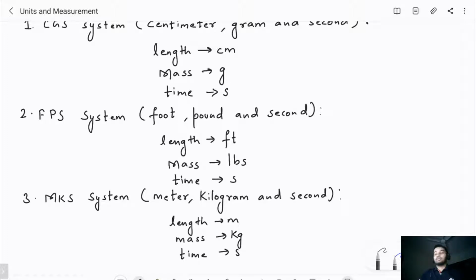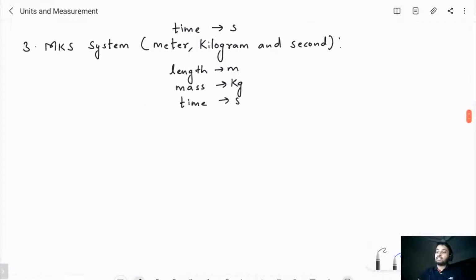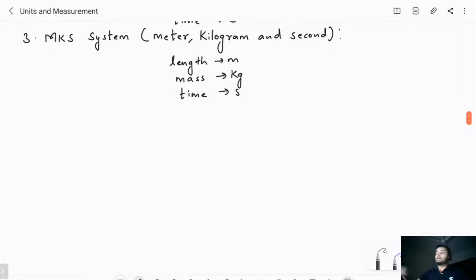Now, today in the world of globalization, where trade is happening between countries, different countries follow different kinds of systems of units. In that case, it might create confusion, or a barrier in proper trade.